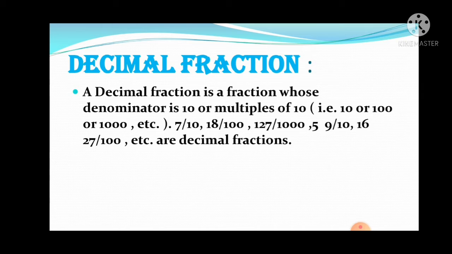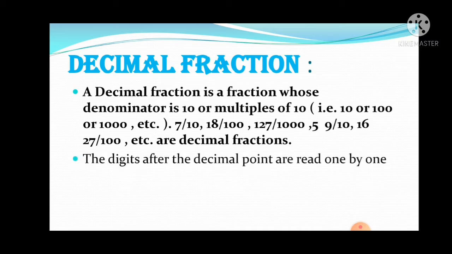A decimal fraction is a fraction whose denominator is either 10 or multiples of 10. Then that fraction is called a decimal fraction. Now the digits after the decimal point are read one by one.